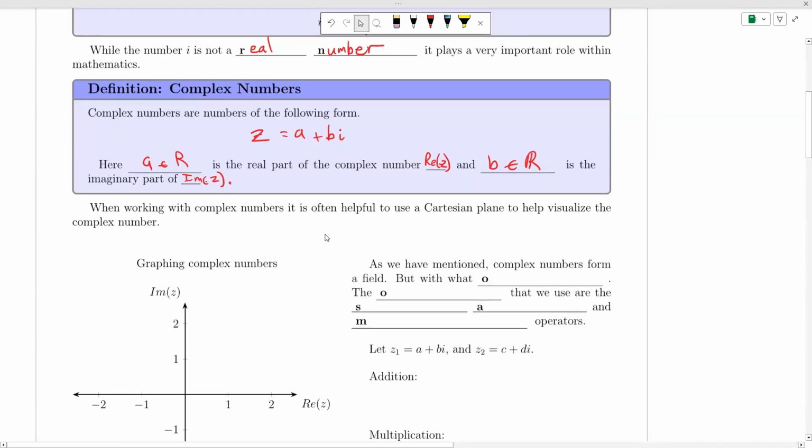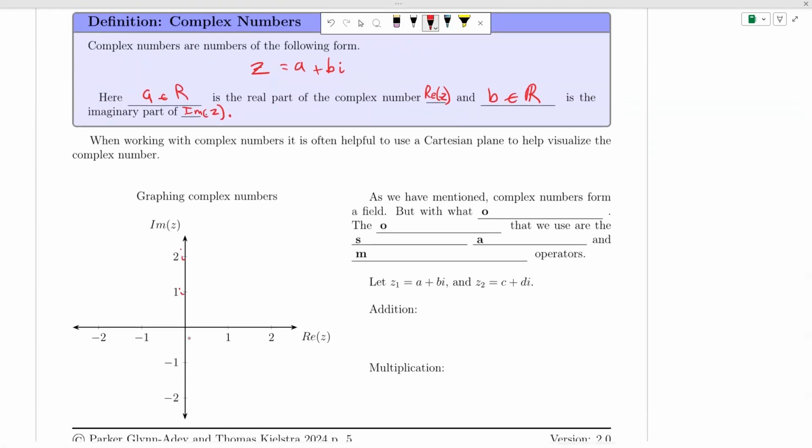Now, when looking at complex numbers, it's often helpful to have a visualization to help us understand. And what we have here is this is 1i, this is 2i, then we have -1i and -2i. So if I have, let's say, 1 plus 2i, that's 1 along the real axis and 2 along the imaginary axis.